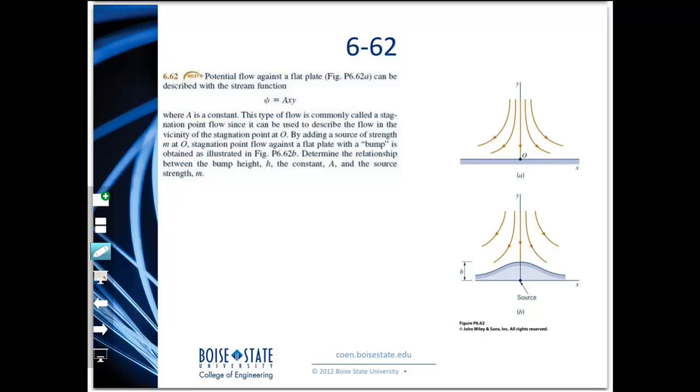Alright, so we know the stream function for the plane flow or the flat plate flow. So we're adding a source. For a potential flow description, we can superimpose. So psi will be a x y plus the point source, which you can find in the book, which is m over 2 pi theta.